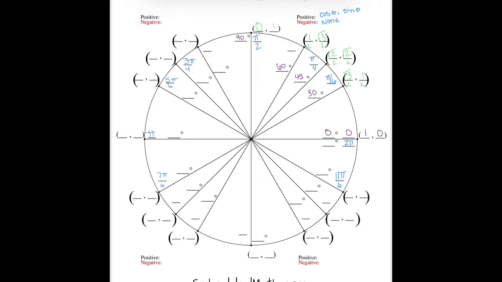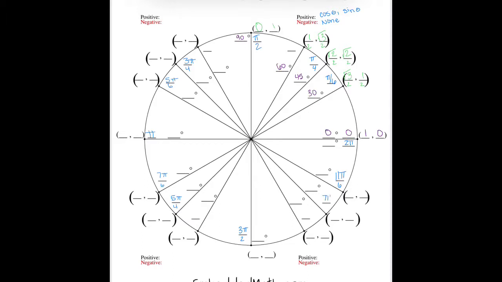Simplify that, and that's going to give me pi halves. Rotate another 45 degrees, that puts me right in the middle of that second quadrant. Well, pi fourths plus another pi fourths will now give me 3 pi fourths. Move another pi fourths, that puts me at pi. 4 pi over 4 is at pi.